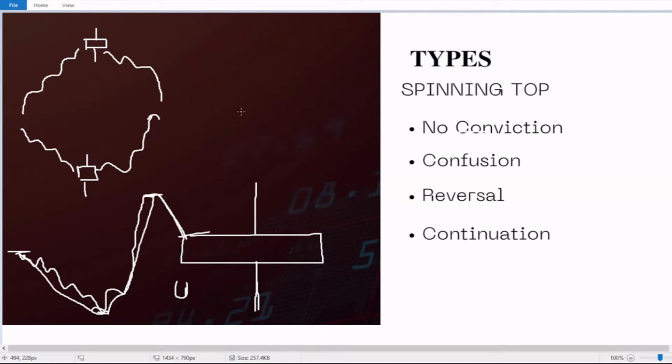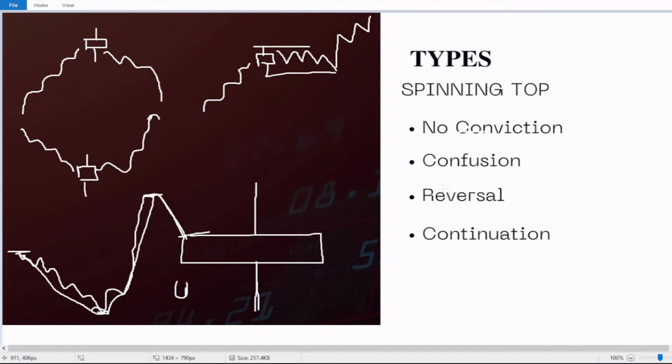Now, the next important thing is that it is a continuation pattern. What I mean by continuation is, suppose the price is going on a higher side, which is an uptrend, and now you have a spinning top. Whenever there is a spinning top, there is confusion. So the price might just hover around this level for a certain period and then finally kick back into its original state.